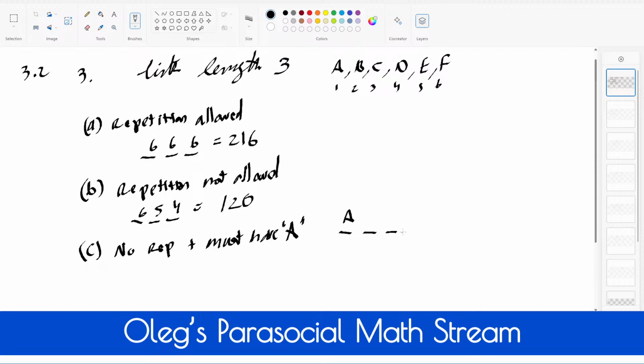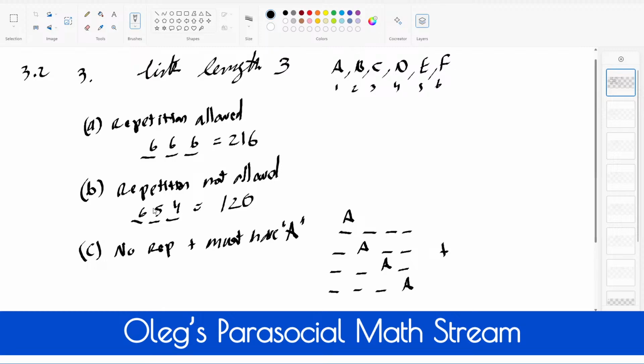A blank blank blank blank A blank blank blank blank A blank blank blank blank A, and we're going to add all those together. And then no repetition. Let me double check based on the previous example.